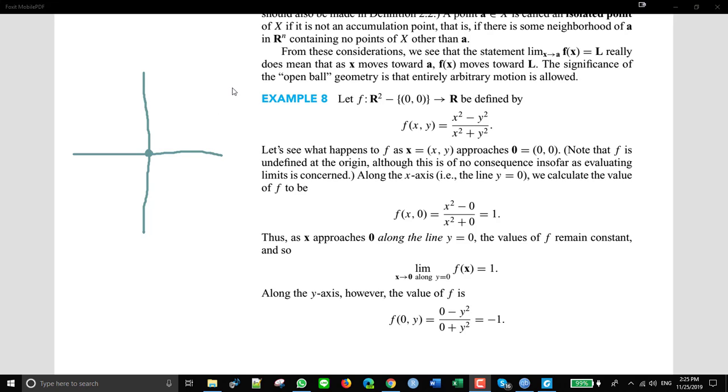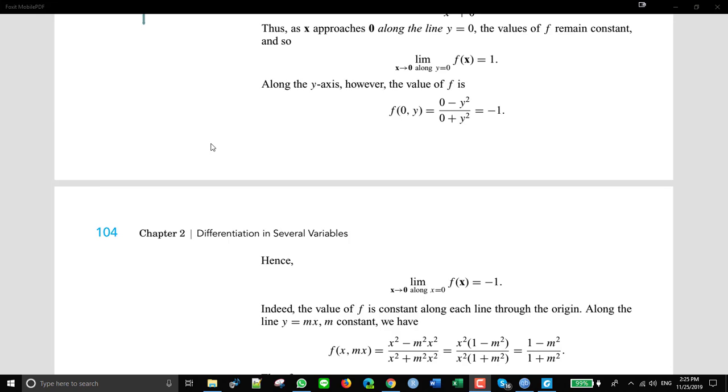What's the equation of a straight line through the origin? It's just y equals mx. We're not limited to straight line paths, and we could consider all kinds of other paths as well. But right now, let's just consider straight line paths through the origin, which would be defined by y equals mx.